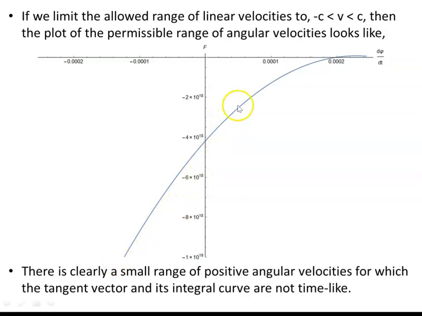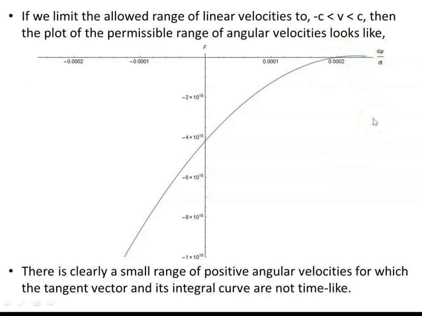Most of the curve is in the f less than 0, negative range, and so our curves are all time-like. At the intercept, the curve becomes light-like or null, and beyond that becomes space-like. So there's clearly a small range of positive angular velocities, up here, for which the tangent vector and its integral curve are not time-like, and that's from the intercept onwards.